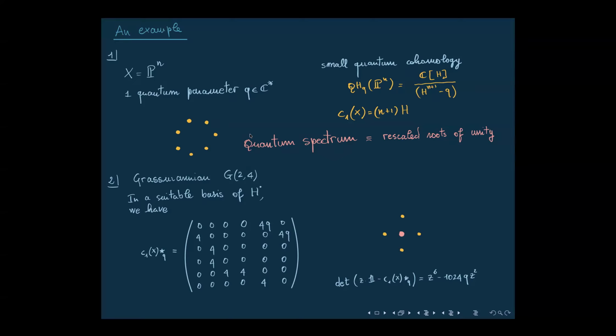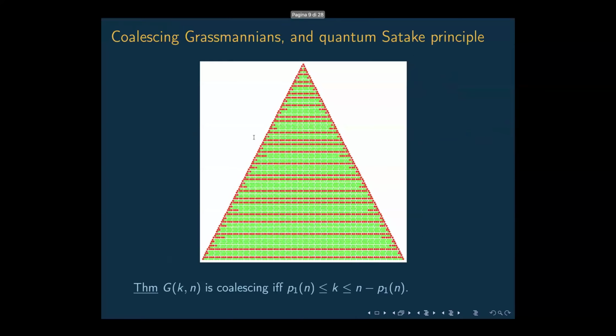I told myself, oh, come on, what I want to study is a resonance phenomenon. Resonance phenomena are rare phenomena somehow. So I would have expected that if I consider the class of all Grassmannians, such a coalescence phenomenon should have been a rare phenomenon. And well, what I discovered experimentally at the beginning was exactly the opposite.